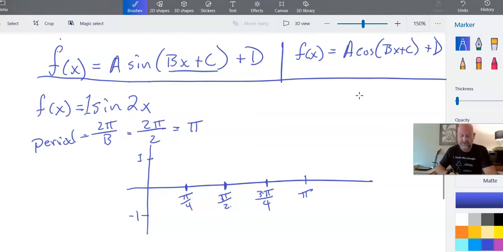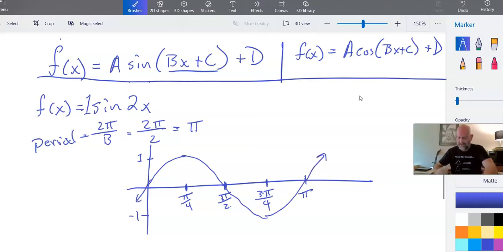Right? And it's a sine function. It hasn't been flipped. We don't have any negatives in there. There are no other constants. So that's the only thing that's changed, which means that now my graph, instead of going from 0 to 2 pi, goes from 0 to pi. So it goes up here to 1, back down to 0, back down to -1, and then up to 0.